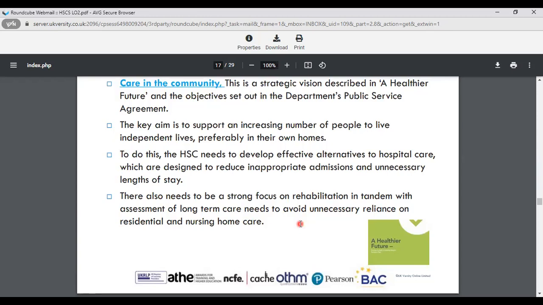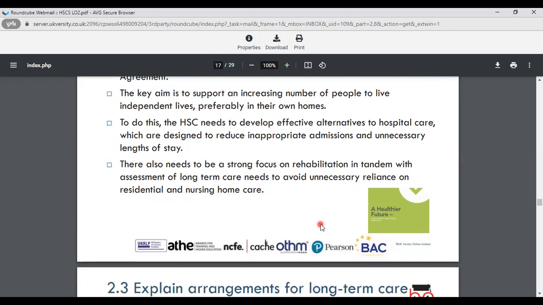And there's also a need to be a focus on rehabilitation together with assessment of long-term care needs to avoid unnecessary reliance on residential and nursing home care.